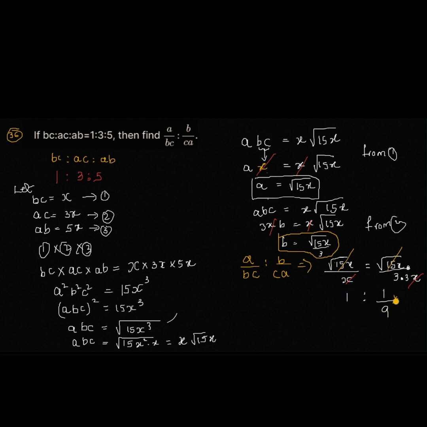What happens when you multiply this by 9? It becomes 9 is to 1. So the final answer is A by BC is to B by CA, which equals 9 is to 1. So that's the answer.